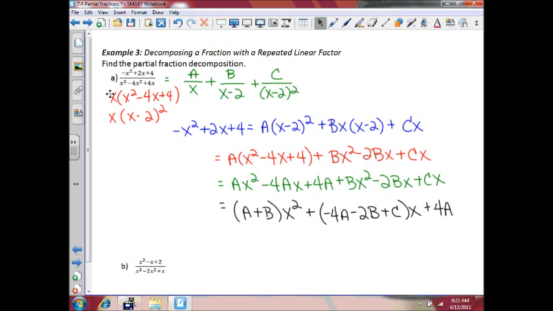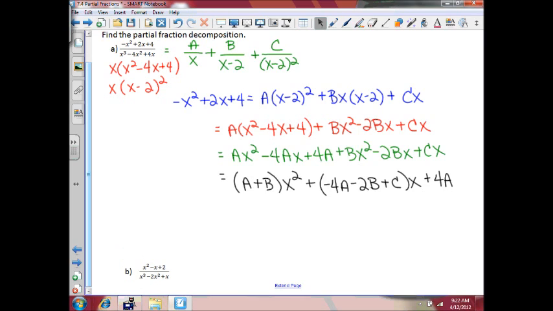Now what's nice about doing it this way, we know that A plus B is equal to negative 1. I don't know why I put negative 2 there. Negative 4A minus 2B plus C is equal to 2, and 4A is equal to 4.